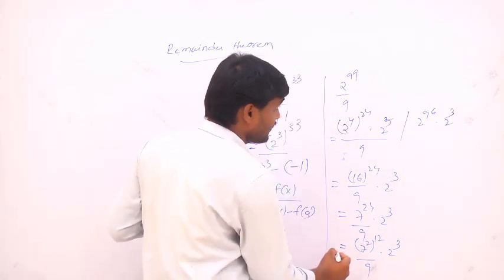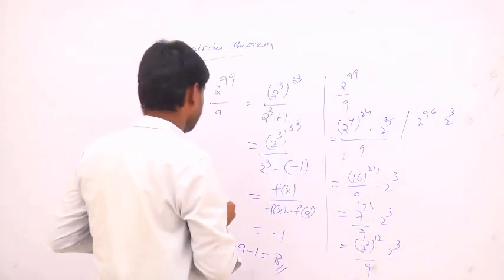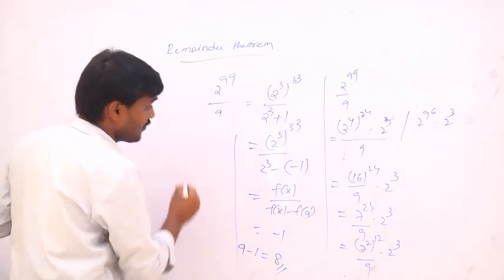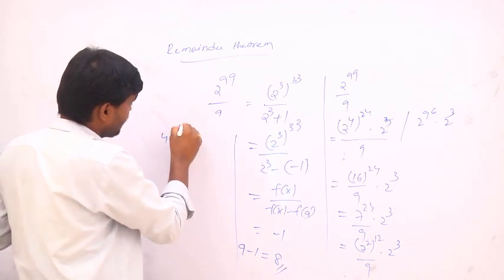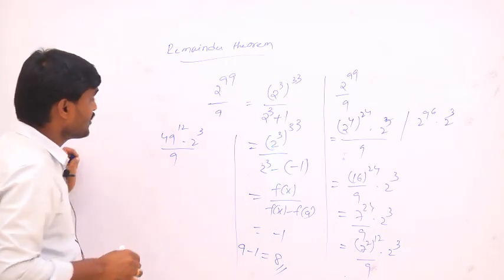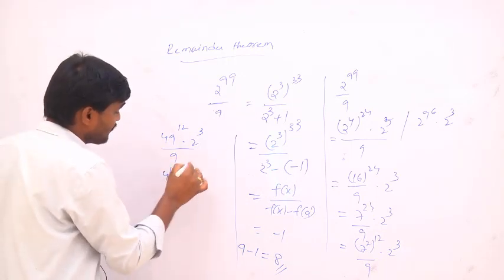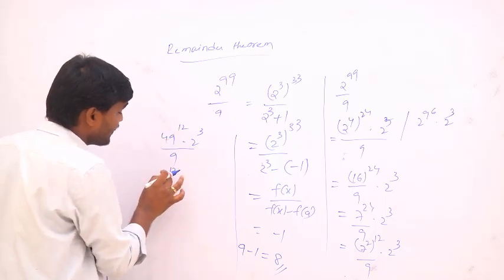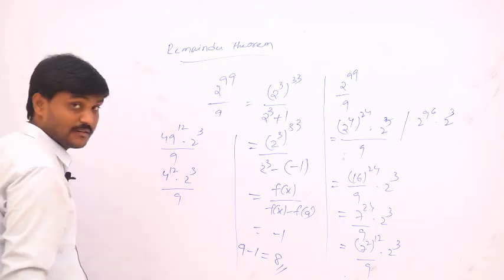So 49 power 12 into 2 cube by 9. 9 5s are 45, the remainder is 4. So 4 power 12 into 2 cube by 9.